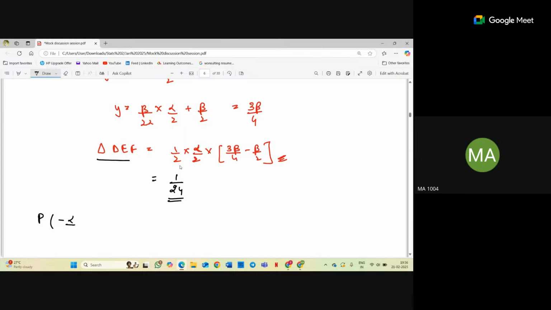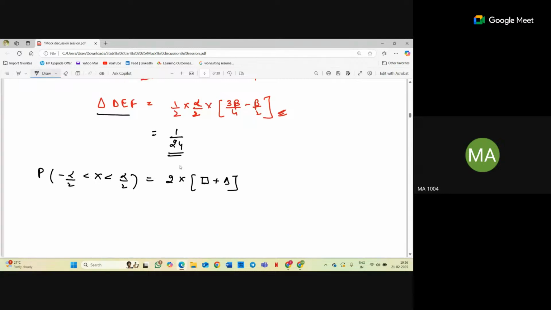So now the probability of minus alpha by beta less than or equal to x less than alpha by 2 equals 2 into the area of the triangle plus the area of the rectangle. Right? Now the area of the rectangle was 2 into alpha by 2 into beta by 2.